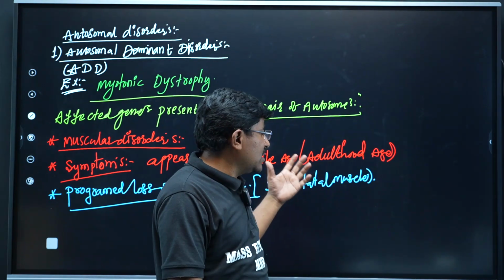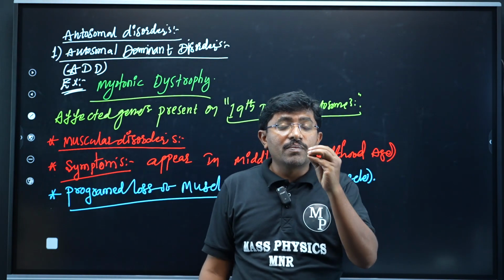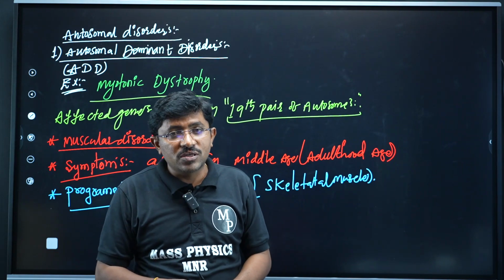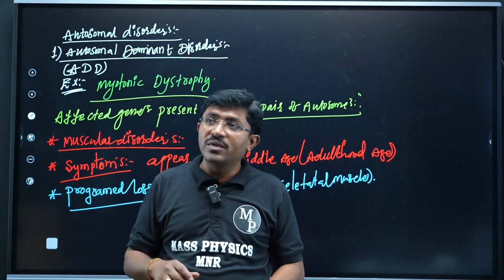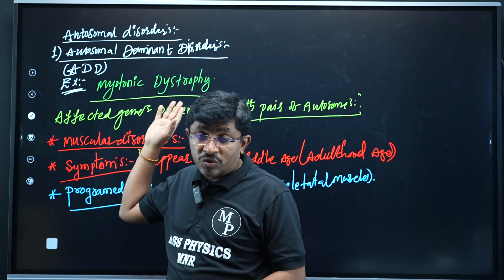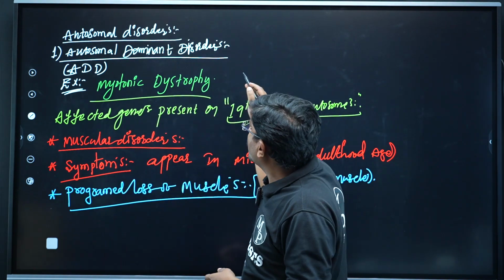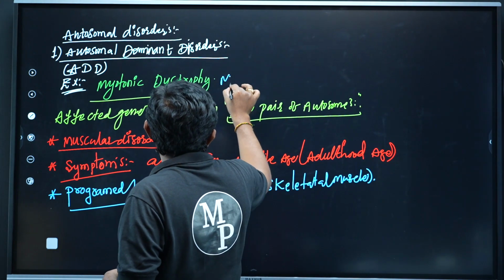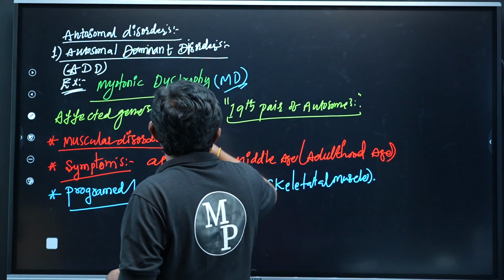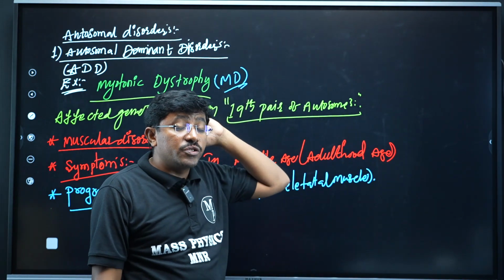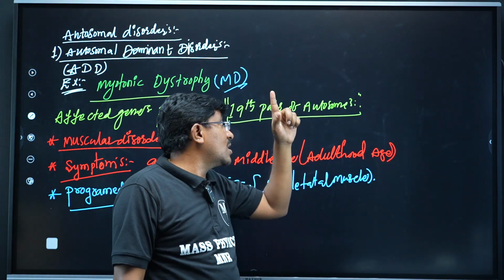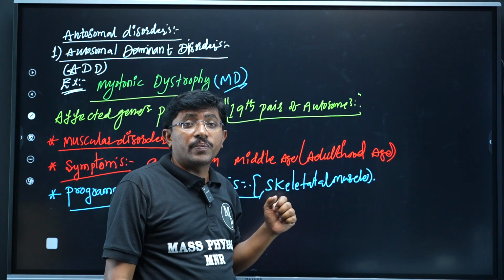But here some differences are there. Duchenne muscular dystrophy is one muscle disorder, and myotonic dystrophy is also one of the muscle disorders. What is the difference between the Duchenne muscular X-linked recessive disorder and this myotonic dystrophy?